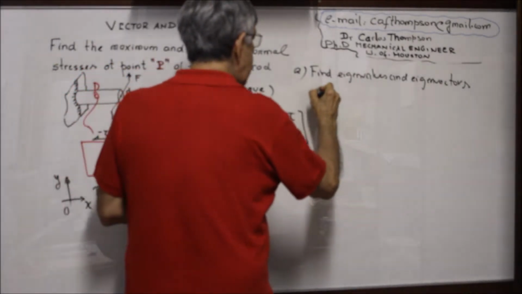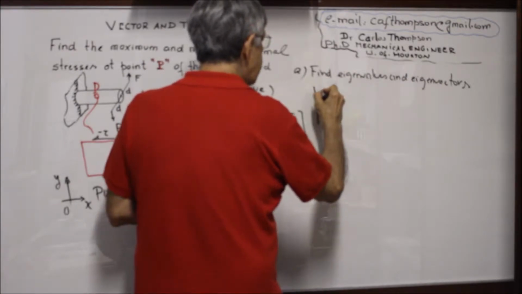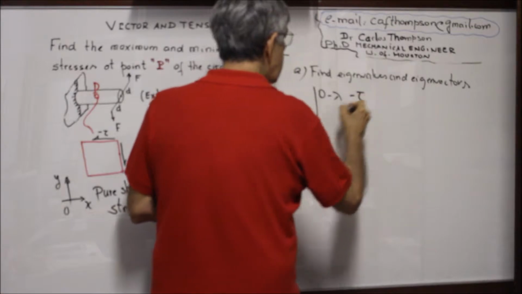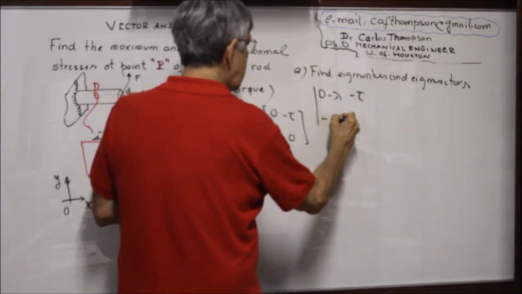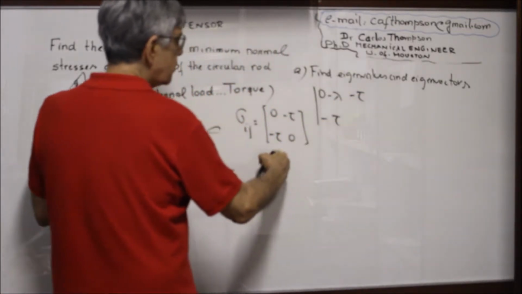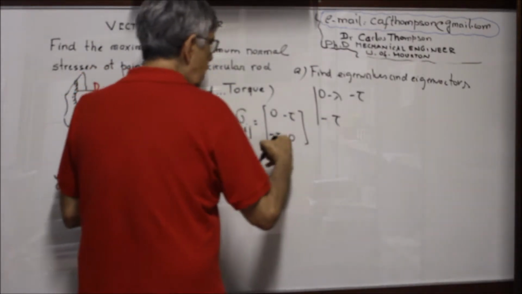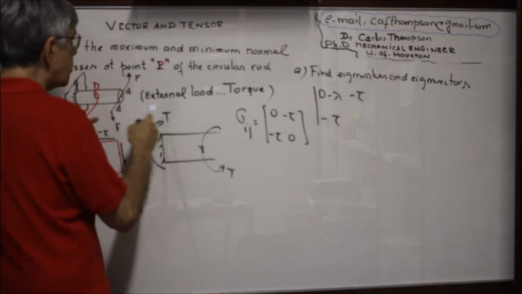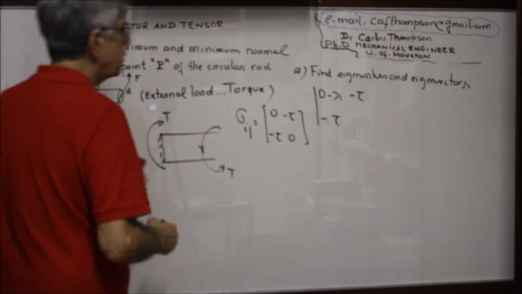So, the determinant of 0 minus lambda, minus tau, minus tau. Tau is known. Tau appears from the external load, the torque.